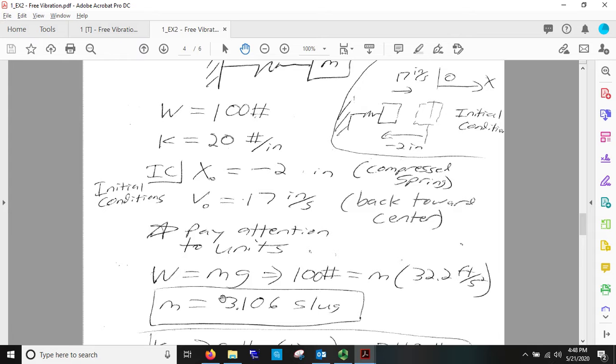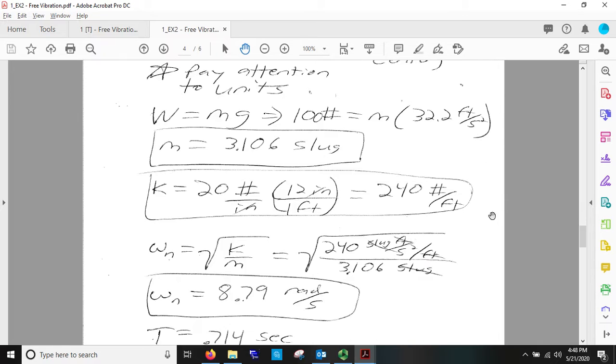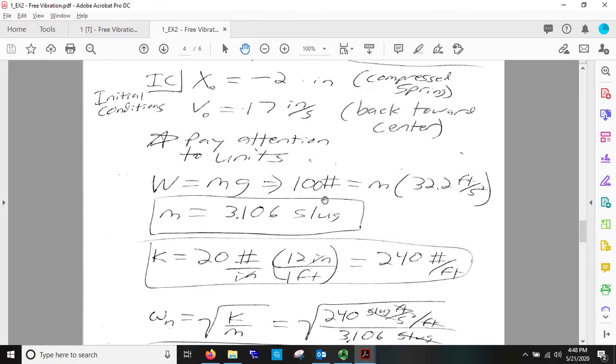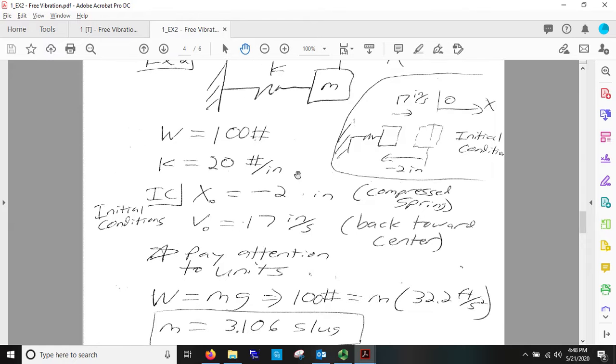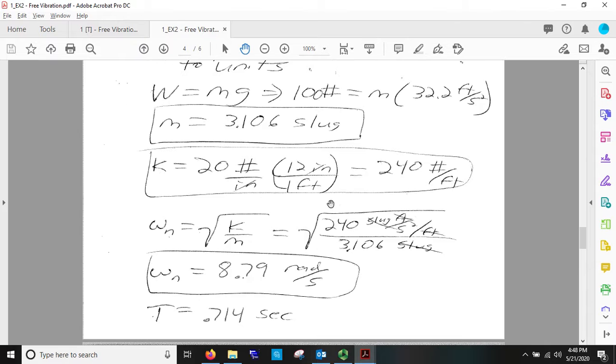Okay, so now that we know m, now that we know k, where can we go next? If you know where we go, pause the video and do it yourself. That's right, we're going to do natural frequency. Now, maybe I tripped you up when I said pay attention to units. Look what k was given in pounds per inch. So we're actually going to want pounds per foot.